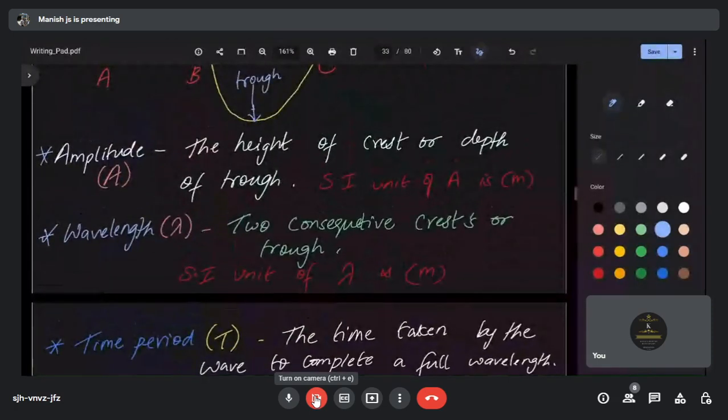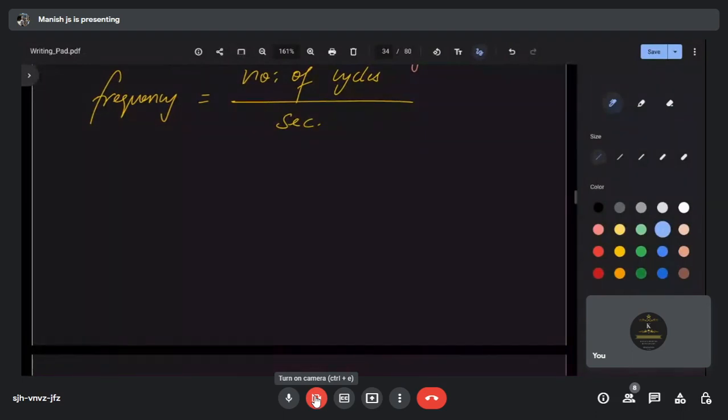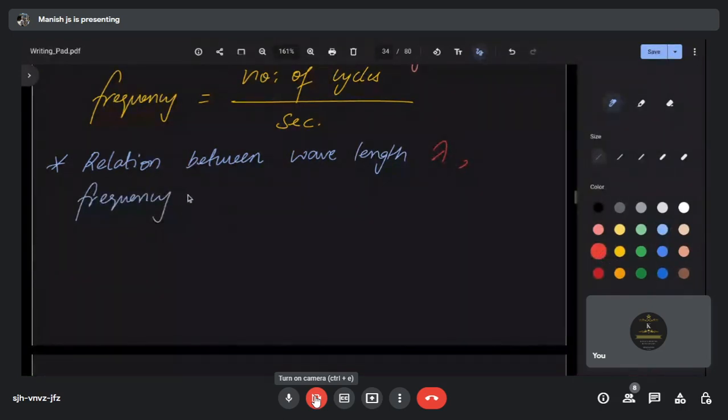So we looked at frequency, we looked at time period, இதெல்லாமே பார்த்துட்டோம், and amplitude we saw. Okay, now we will relate the relation between wavelength, whose symbol is lambda, and frequency, whose symbol is nu, and time period.